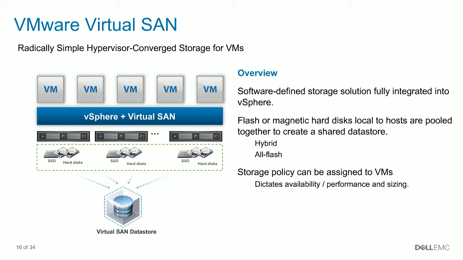So we have hybrid and all flash. Storage policy can also be assigned to VMs. There's a default storage policy that comes with vSAN, and then when you deploy Horizon on top of that, there are 4 additional policies that come with that, depending on whether you're using floating, persistent, or depending on your use case. That comes with the Horizon integration.